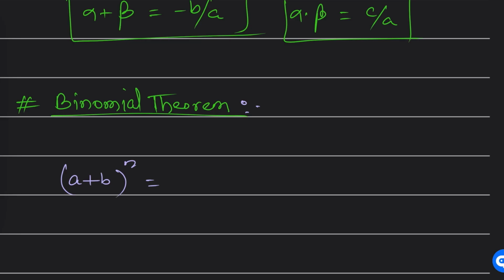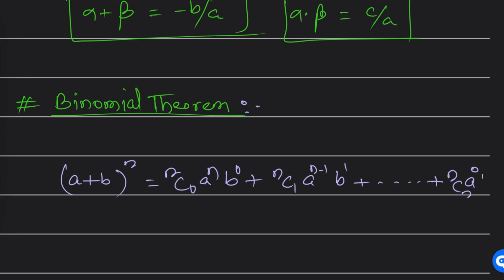I am writing the formula, then I will explain it. nC0 a power n b power 0 plus nC1 a power n minus 1 b power 1 plus so on we can add up, plus nCn a power 0 b power n. This is the expansion, right?